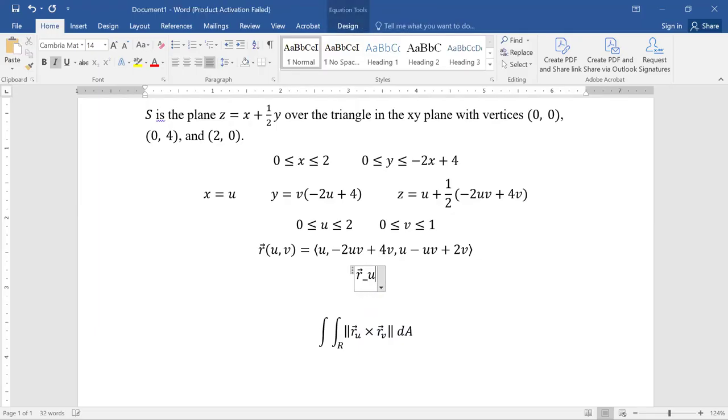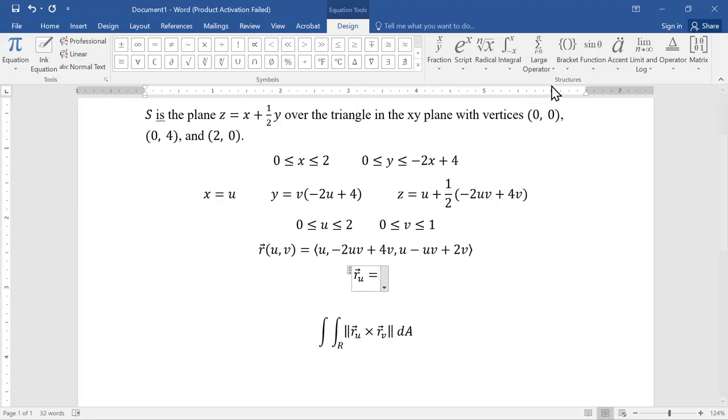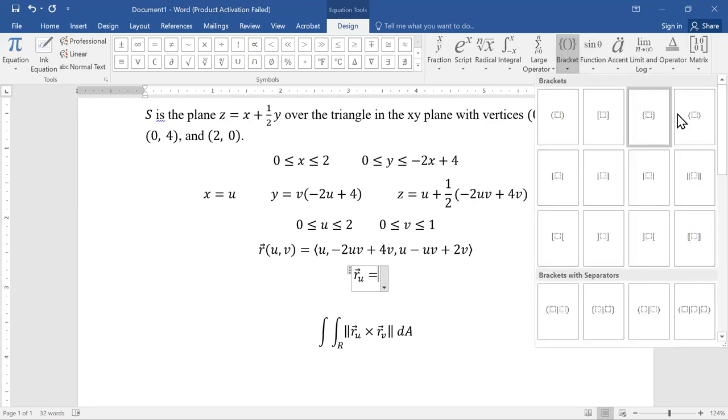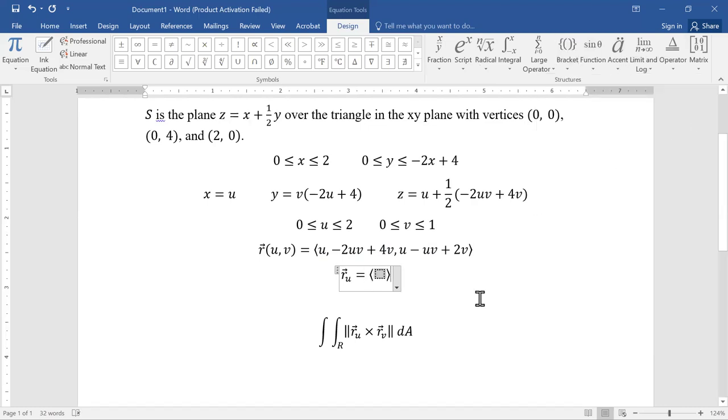So start out taking the derivative with respect to u. The derivative with respect to u is going to be, well, I'll get a 1, comma, negative 2v, comma, 1 minus v.